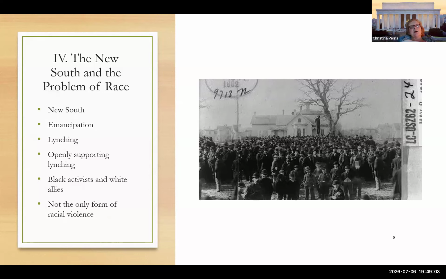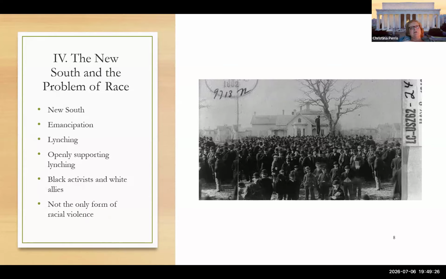For actual crimes or fabricated crimes, white mobs murdered roughly 5,000 African Americans between the 1880s and the 1950s. Lynchings were not just murder. It was a ritual rich with symbolism. Victims were not simply hanged. They were mutilated, burned alive, and shot.